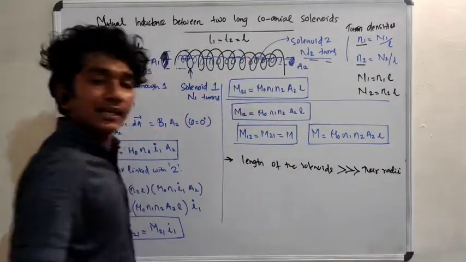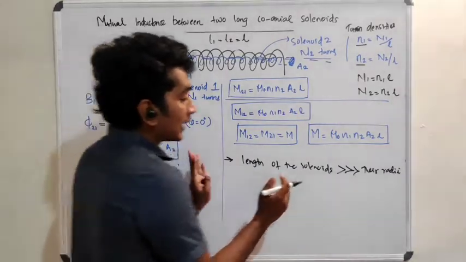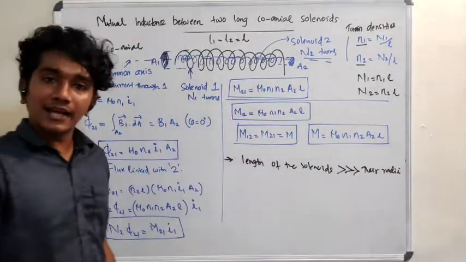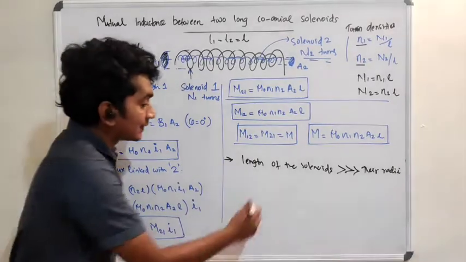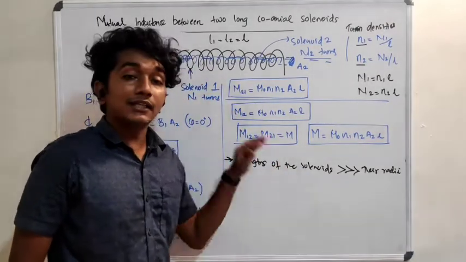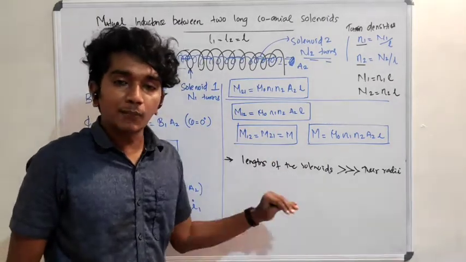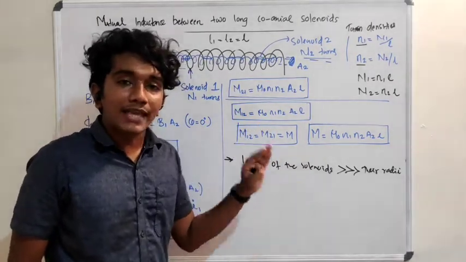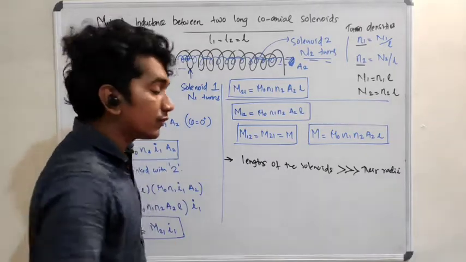Obviously it is greater than the radii, but here it's considerably greater. So, and this is a very important point, the magnetic field inside the solenoid will be uniform.